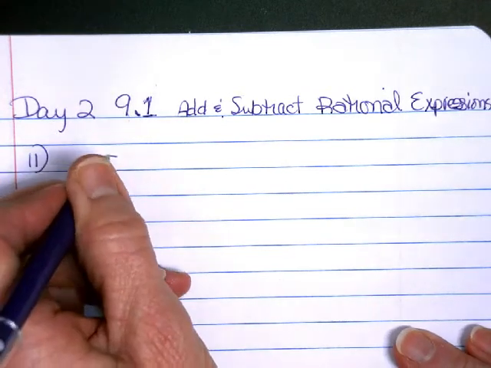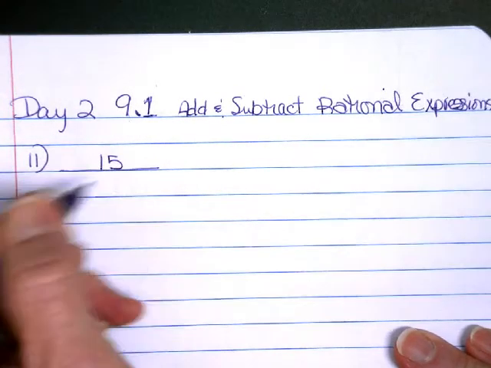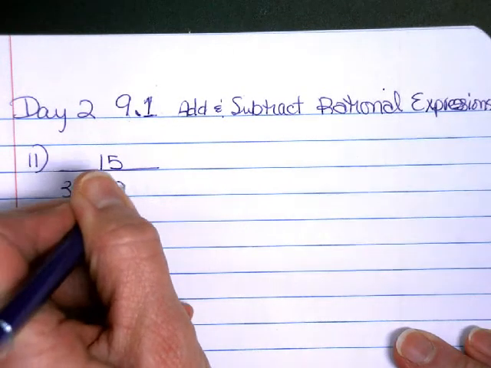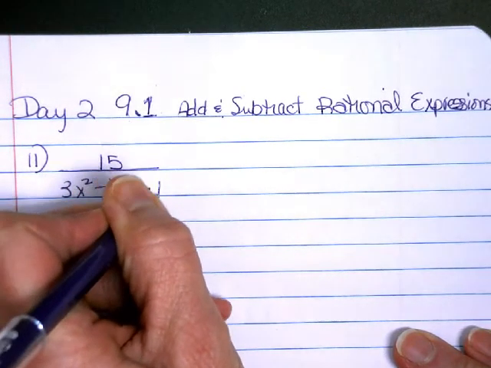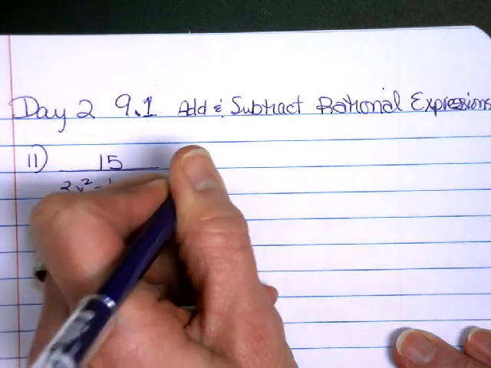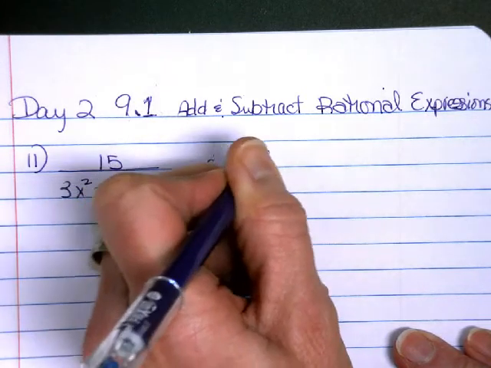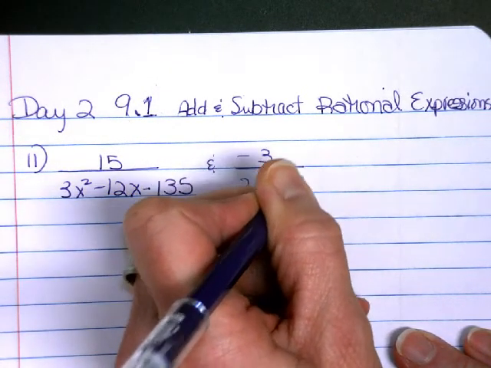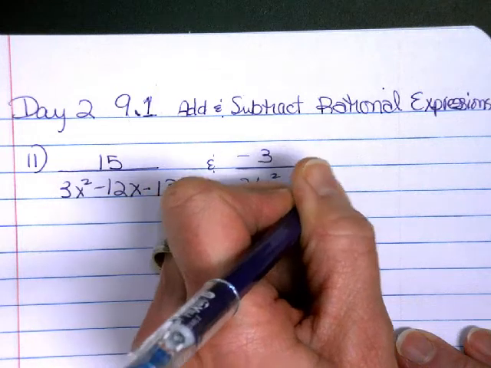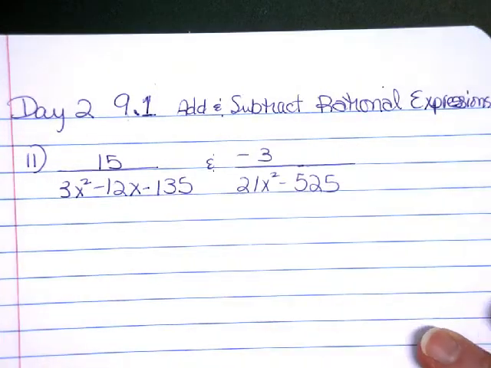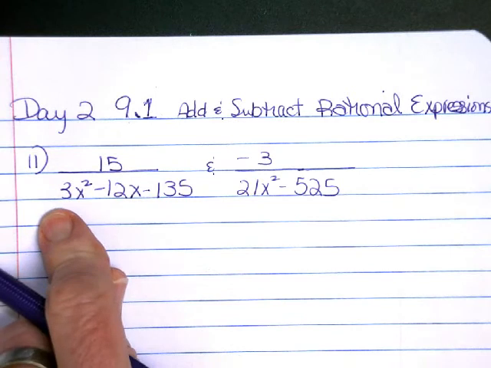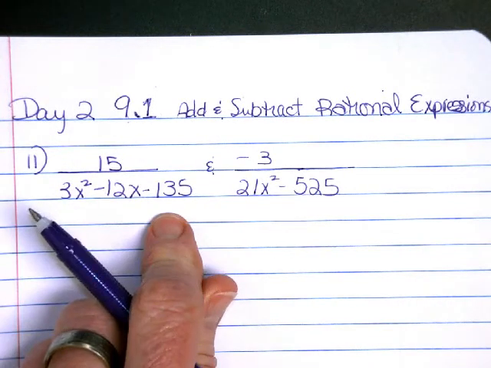So the two fractions are 15 over 3x squared minus 12x minus 135 and a negative 3 over 21x squared minus 525. So when there is a leading coefficient other than 1, I automatically think bottoms up.